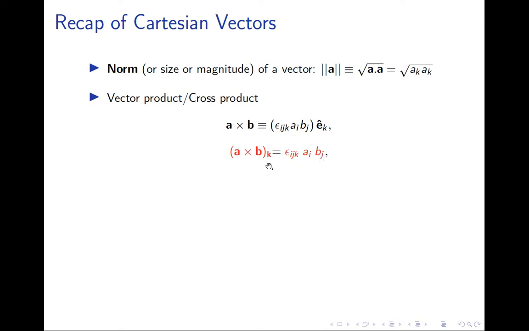So an important thing to note is that the dummy index is the same on both, the free index is the same on both sides. This is one rule to follow when you're working with indexed expressions. Whenever you have an equation, you should check that both sides have the same free indices. The number of dummy indices doesn't have to match, and the reason is that dummy indices get summed over everything. So after you have performed the sum, these indices do not appear anymore because they have already been summed over.